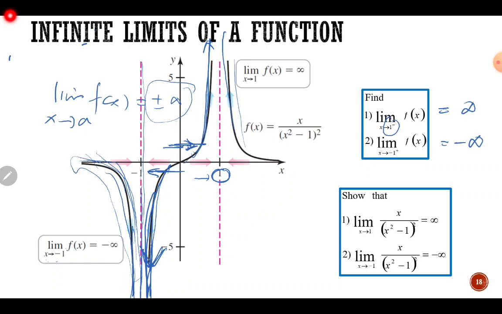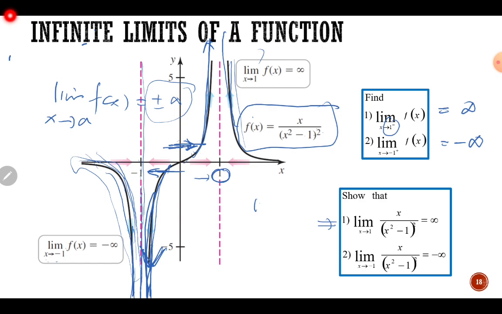Yang ni macam mana kita nak buktikan? Okay, soalan ni sebenarnya graph ni adalah fx equals to x over x square minus 1 square. Untuk buktikan x equals to infinity daripada graph, kita boleh tengok.